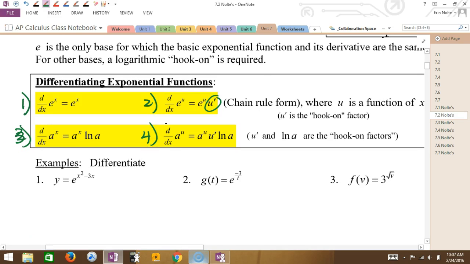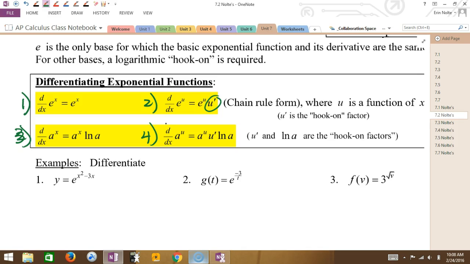Okay, what do you notice about 1 and 2 versus 3 and 4? Basically the same. But they add in a natural log, and what do you notice about the base number? A. Okay, A is representing some constant. So if the base is not an e, you have to also multiply by the natural log of the base.